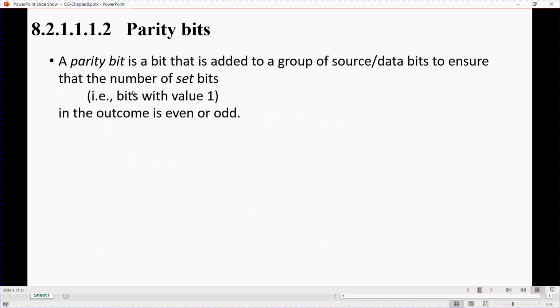A parity bit is a bit added to a group of data to ensure that the number of bits in the data that have value 1 is either an even number or an odd number, depending on whether you want to check even parity or odd parity.